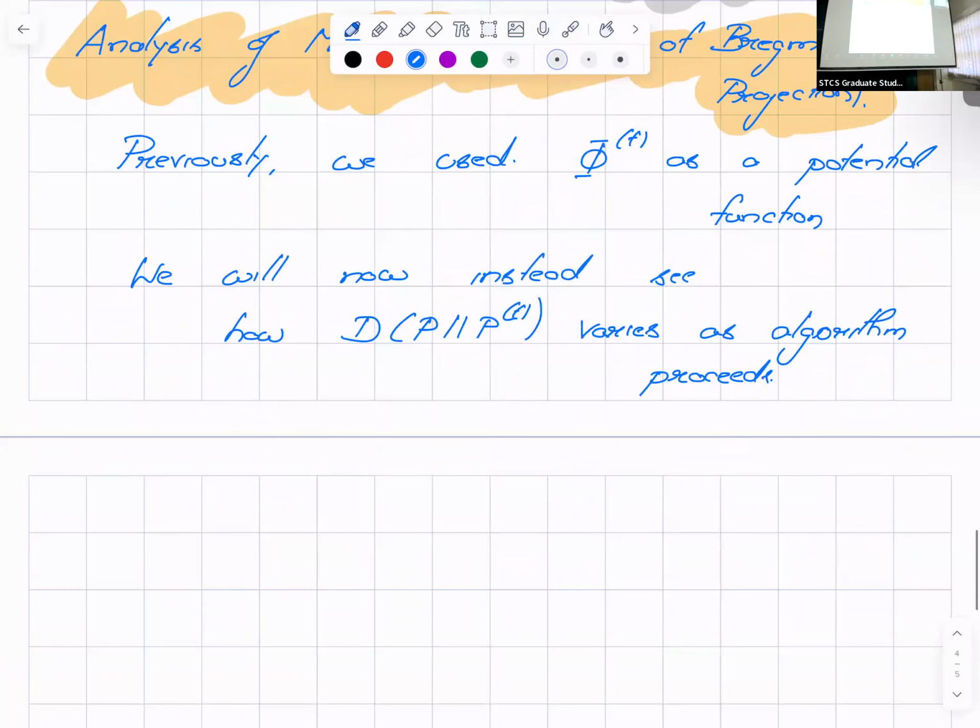So here P is a fixed distribution that you are comparing against. This could be a distribution that is just focused on one expert. It could be any convex combination of experts, but it's a fixed distribution on the n experts.